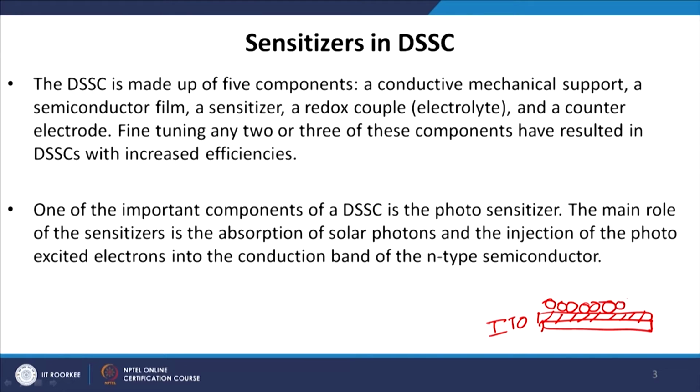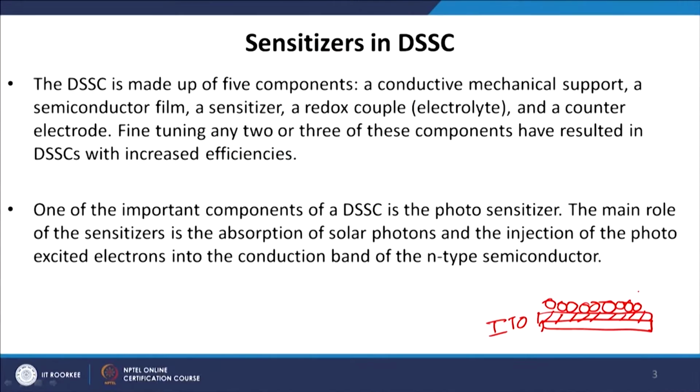In the last class we dipped it in the porphyrin solution and used porphyrin as a sensitizer, and we also mentioned that we can choose even some laser dye or any other sensitizer molecule to make this device. The sensitizer molecule or dye molecule goes inside the pores of the semiconductor and gets adsorbed on the semiconductor surface.